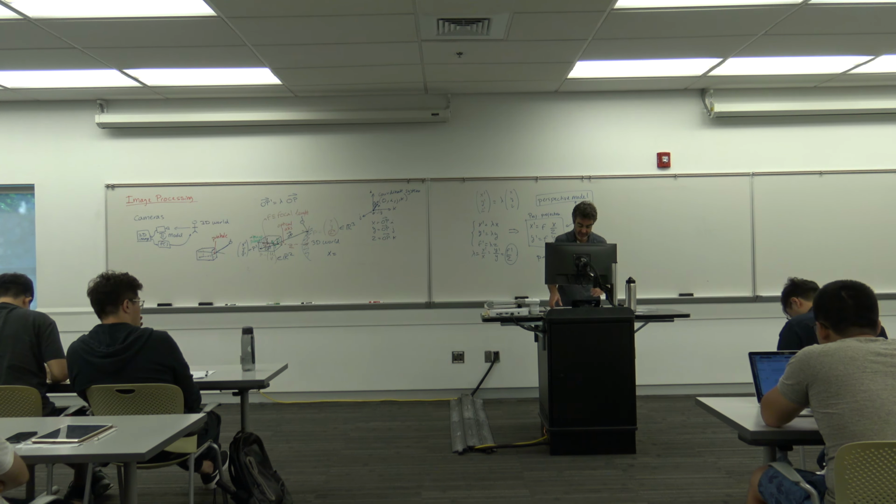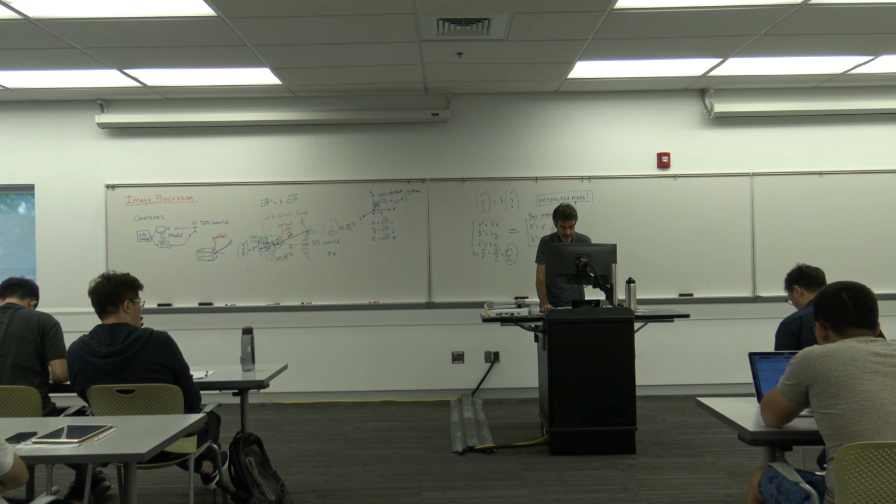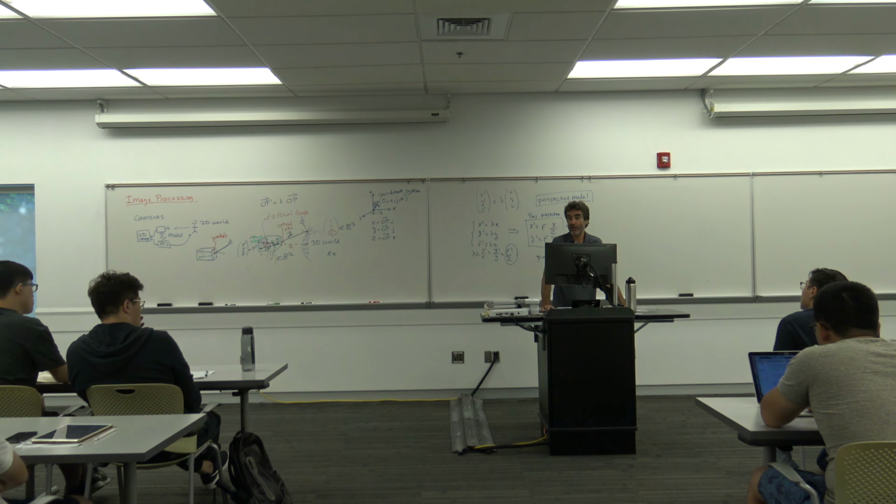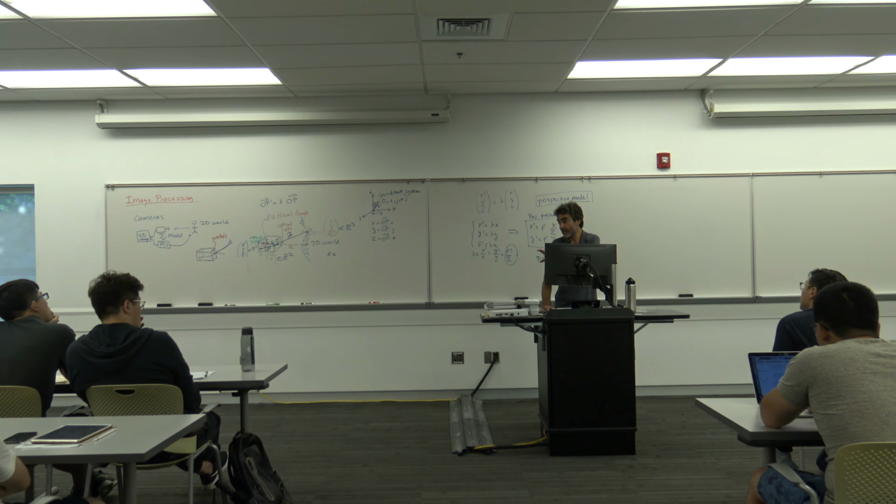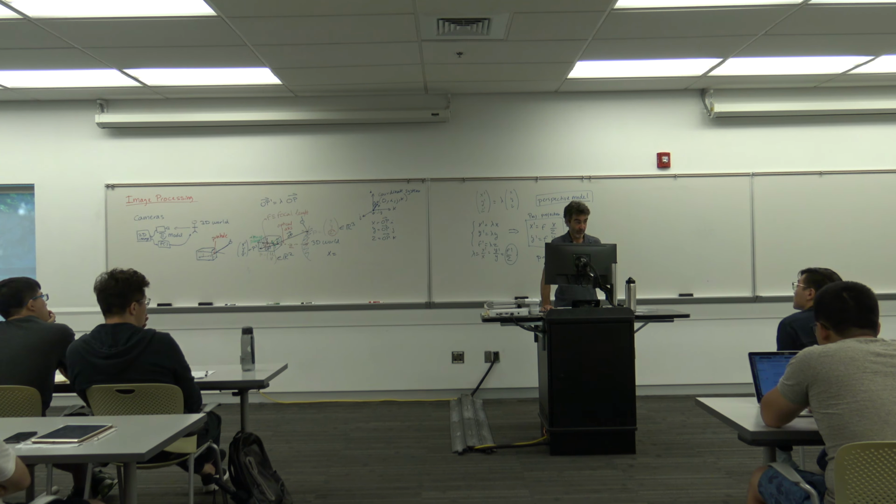Now, in many cases, even this perspective camera model is a little too complicated to work with because obviously they are nonlinear equations after all. And we will also, therefore, discuss simplified models of this, okay, that we will tend to work with whenever possible.